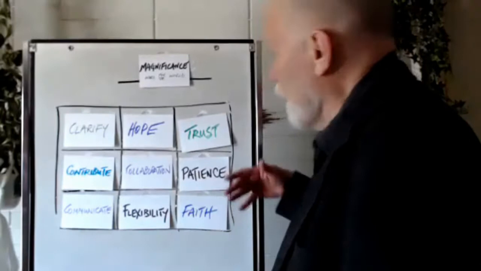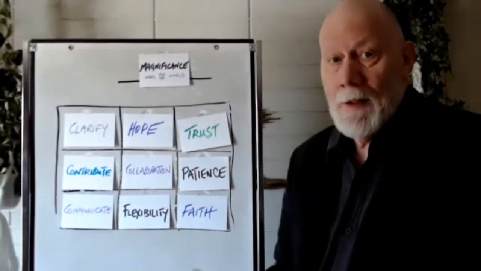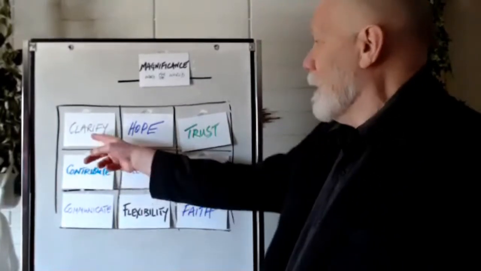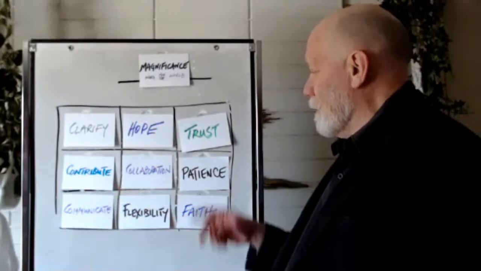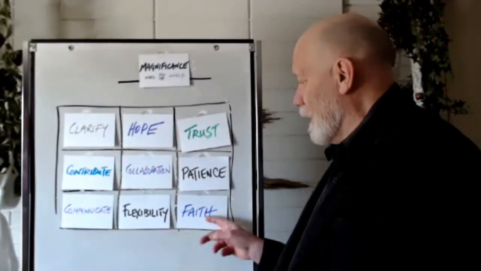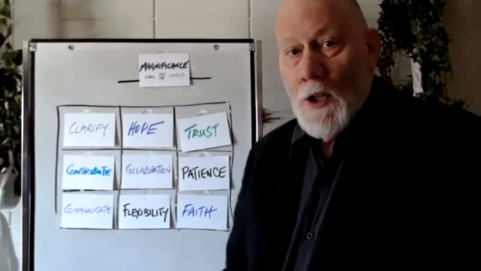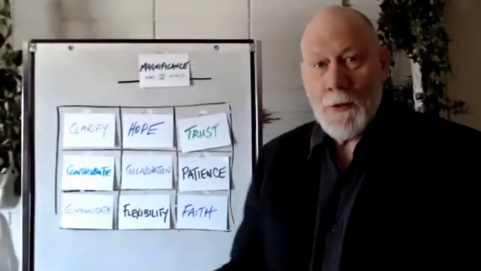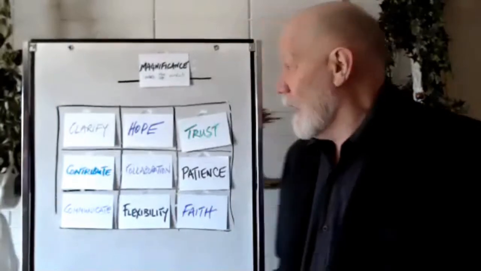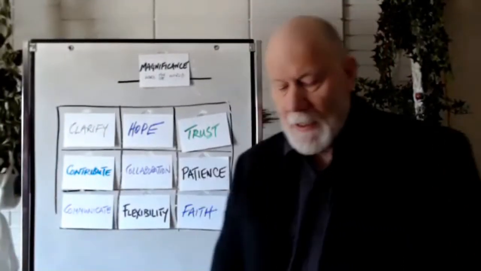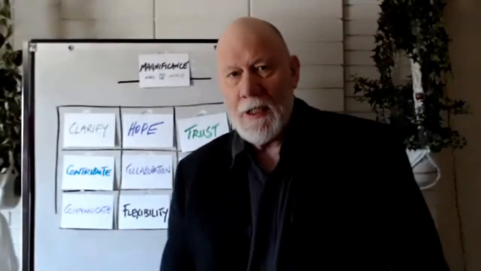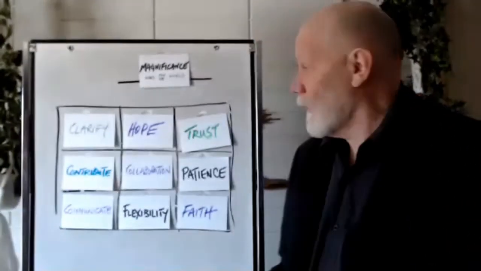And therefore, you might go, all right, is there a storyline here that might go clarify hope and trust, contribute collaboration and patience, to communicate flexibility and faith? Again, you can use it to generate even new ideas. And again, you can flip out your action verb here because it will actually give you more ideas.